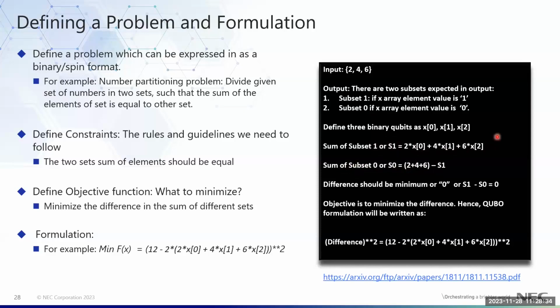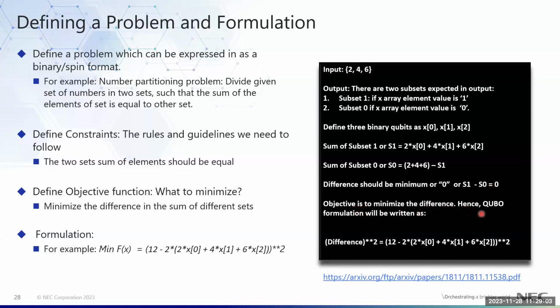So now we have a pretty well-structured problem where we have one sum represented as binary qubits, and the other sum represented utilizing the first sum. And in this case, the difference should be minimum or 0. So we also have an objective. Our objective is that the sum of subset 1 and the sum of subset 0, their difference should be 0, or basically minimum.